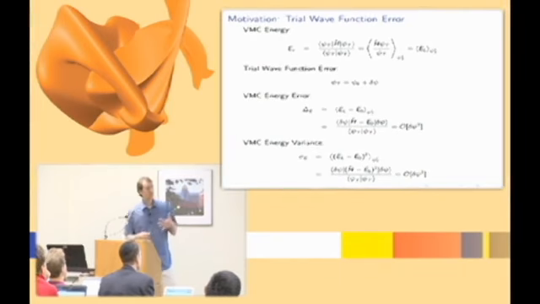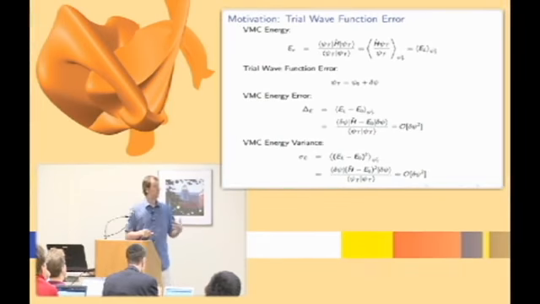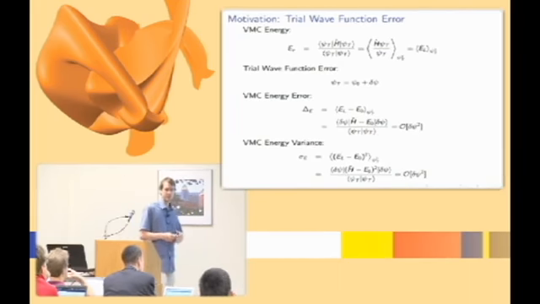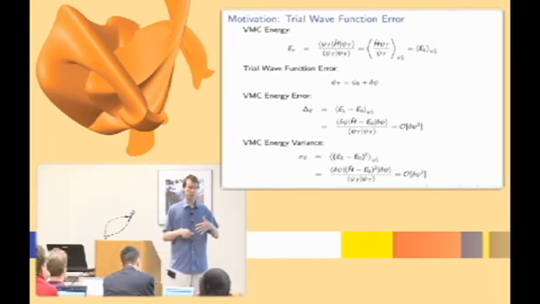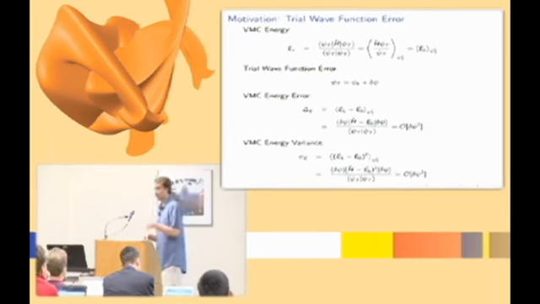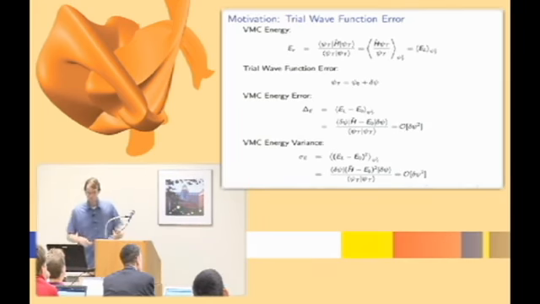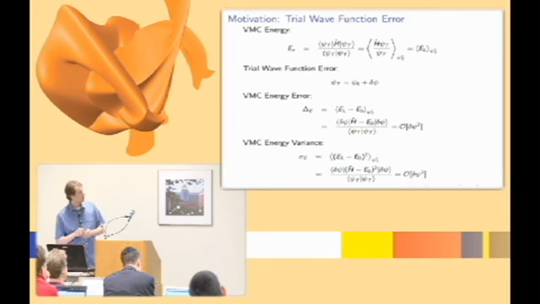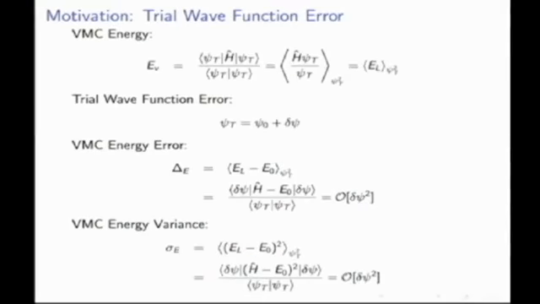So in order to investigate what the trial wave function error is, we can take our trial wave function and expand it into two pieces. One piece is the exact wave function for the system that we're interested in, and then some residual error. If we take this trial wave function and its error and insert it back into our original expression, we can compute two things: the error in the energy and the variance of the energy.